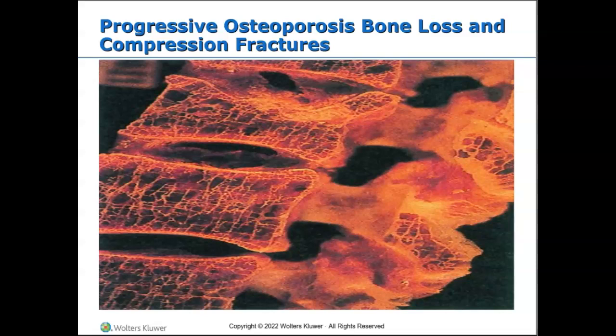However, with osteoporosis, new bone creation doesn't keep up with the old bone removal. Many people have no symptoms at all until they get a bone fracture. And again, treatment includes medications, healthy diet, weight-bearing exercises, and then preventing any bone loss.